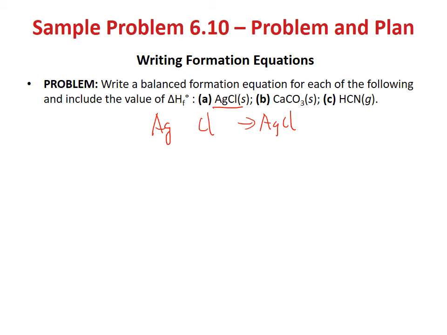For silver, the most stable form is silver solid. For chlorine, the most stable form is chlorine gas, Cl2. These add together to form silver chloride solid.